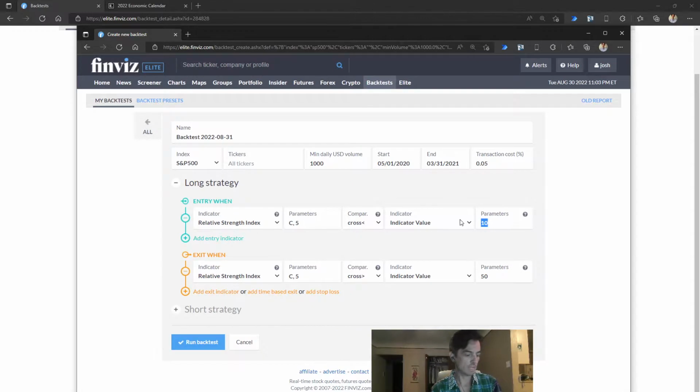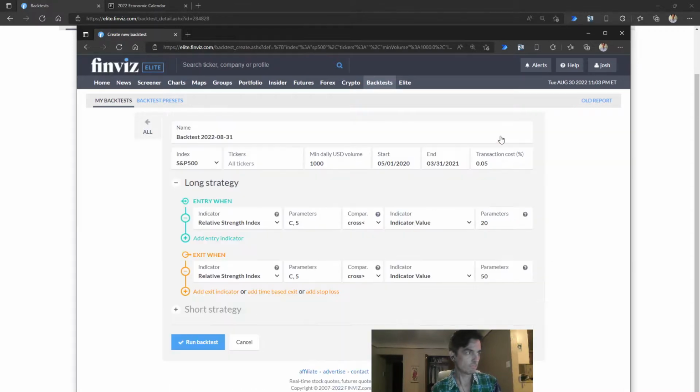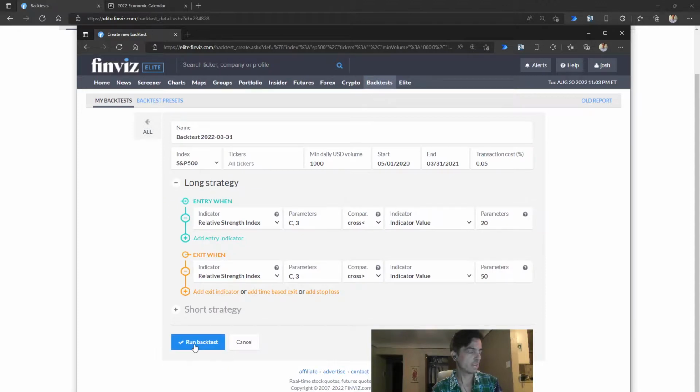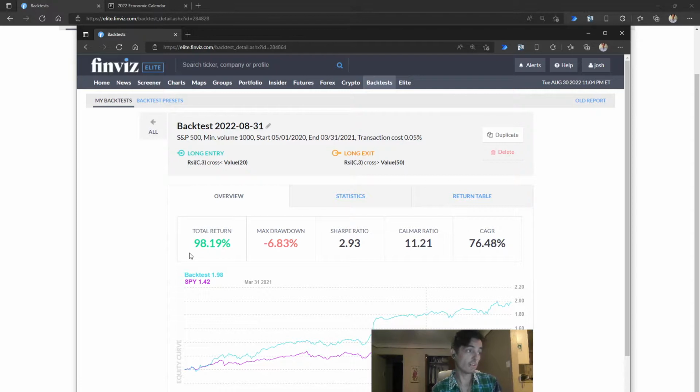Calmar ratio is 8 and jumped up, but the ratio went down a little bit. What else can we change it to? This is, I really don't know what I'm doing. If we change these to 3, they probably already did that. Well, no, now it's 98%.